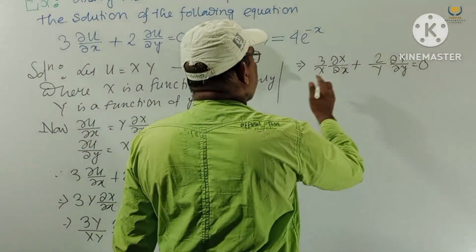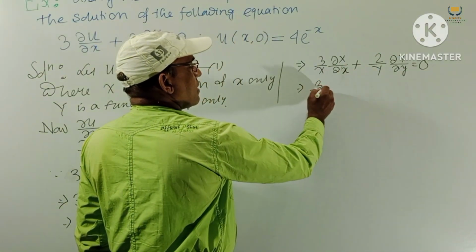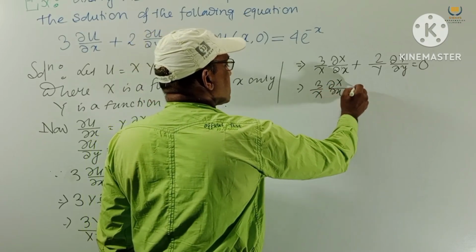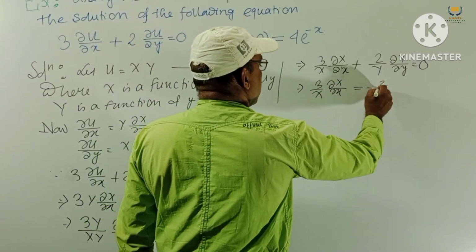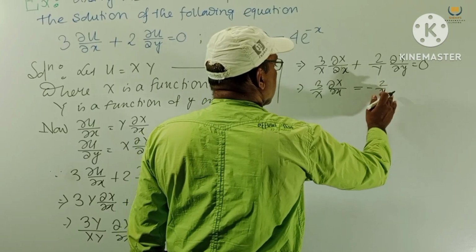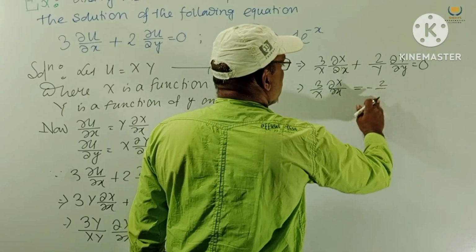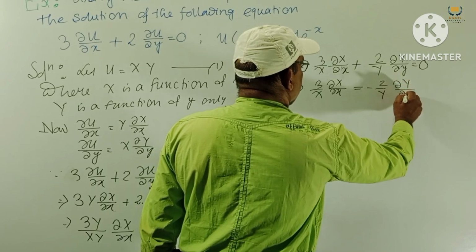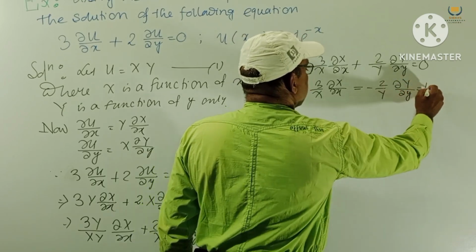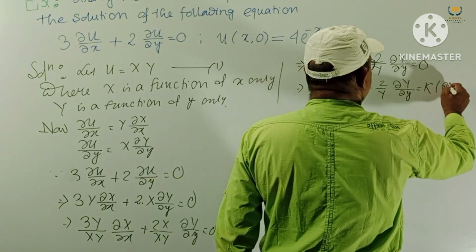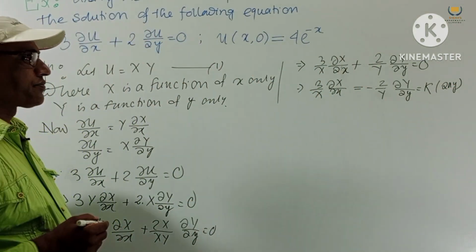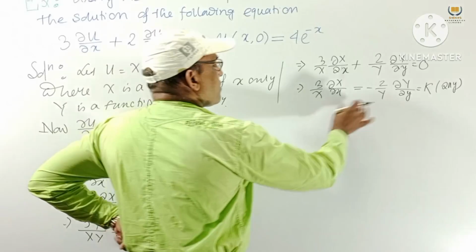So taking this one to the right hand side, 3 by X del X equals minus 2 by Y, Y prime. This equal to k. Say we consider this is k. So this equal to k, this equal to k.